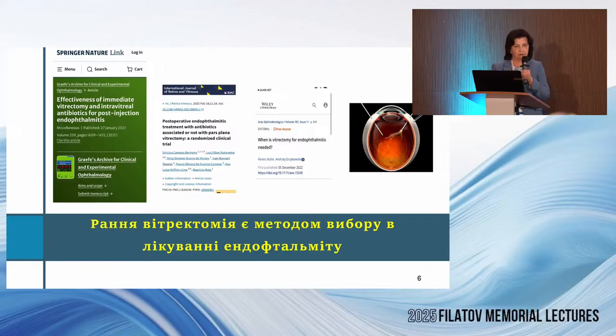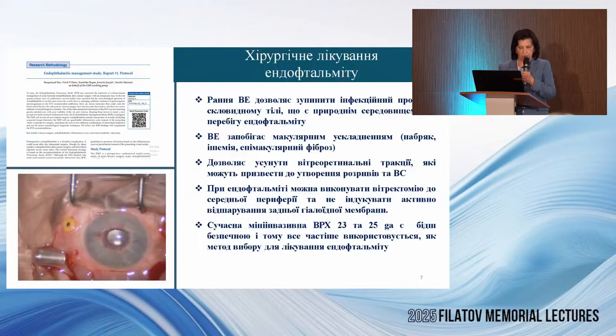Moreover, besides guidelines on endophthalmitis, there are opinions of surgeons who report their cases in the literature. So, in recent years, most vitreoretinal surgeons tend to perform early vitrectomy, and as of now, early vitrectomy is the most reliable method of choice for treatment of endophthalmitis.